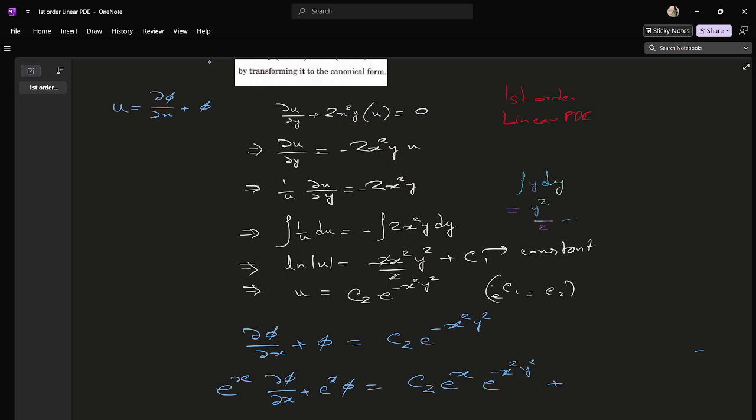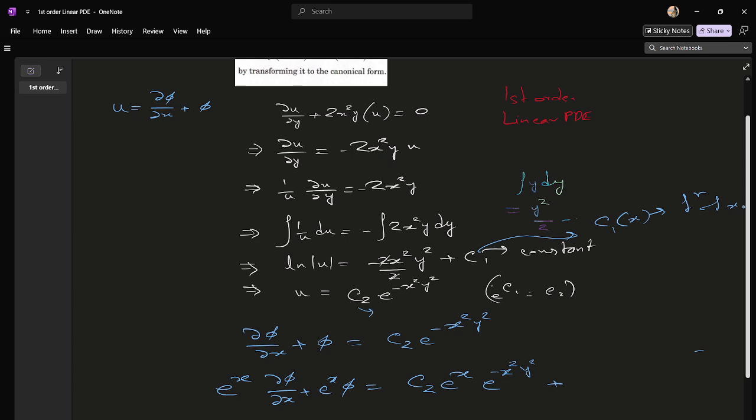Am I doing something wrong? Okay, let me take c1(x) as an arbitrary function of x.